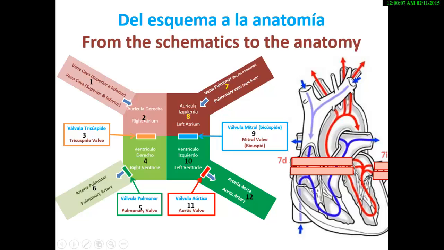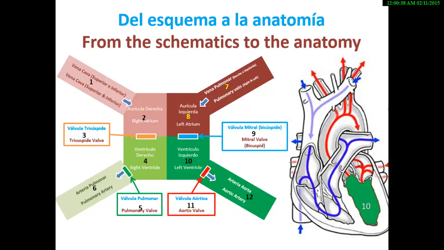Okay, so left and right pulmonary veins reach a chamber called, since it's on the top left, the left atrium. Okay, then when this atrium contracts, it pushes the blood to the left ventricle, but first it passes through the mitral valve, or the bicuspid valve. Bicuspid because it's made up of two parts.